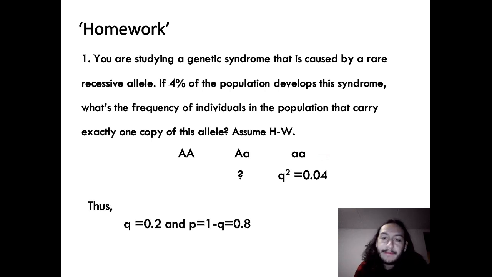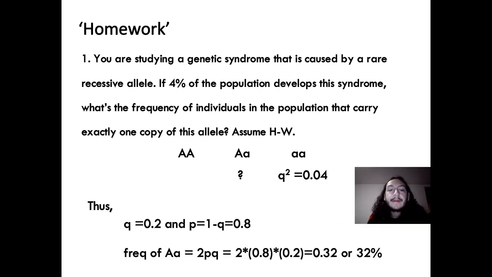So if we take the square root of this, then we get that q is actually 0.2, and then we know that p is going to be equal to 1 minus q, because q and p are supposed to add up to 1. So then we know that p is 0.8.